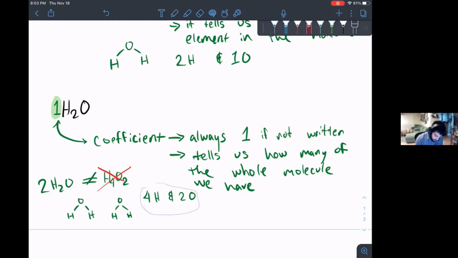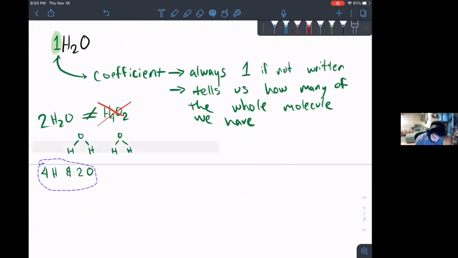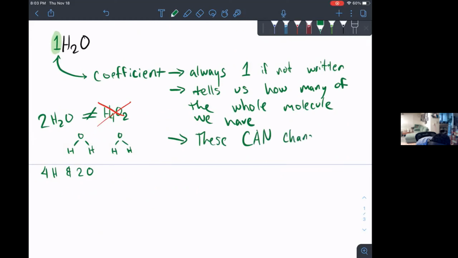One more thing with coefficients is these can change. In fact, all we'll be doing today is changing coefficients. It's pretty much as simple as taking one water molecule and just adding another into your equation.